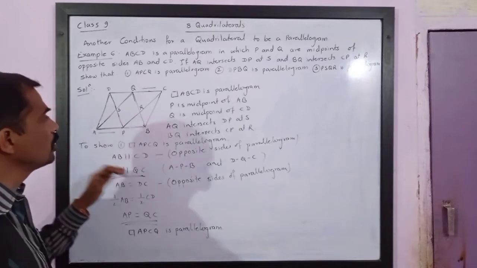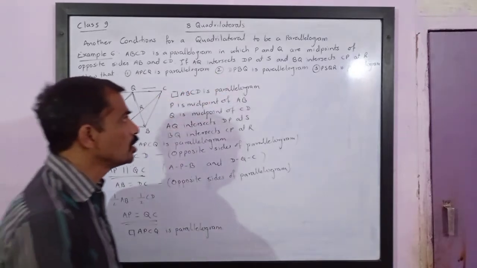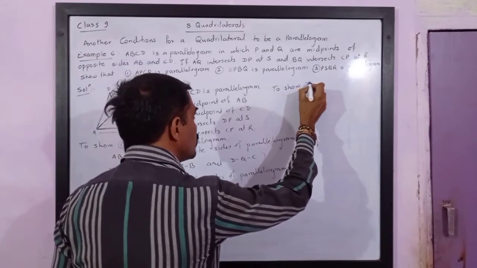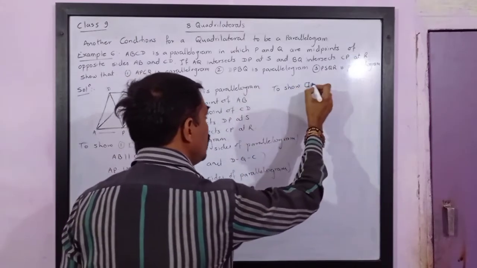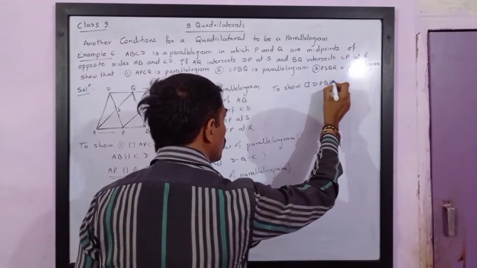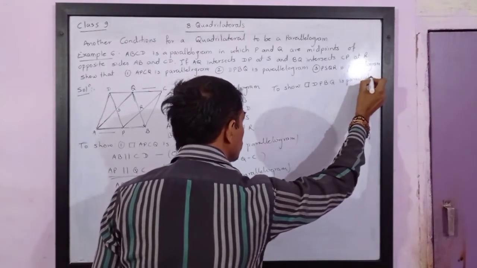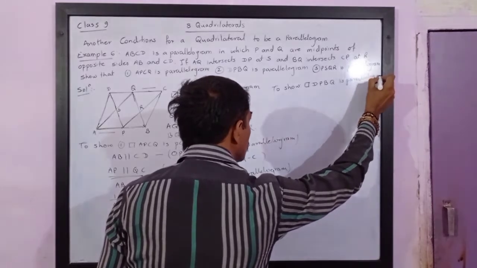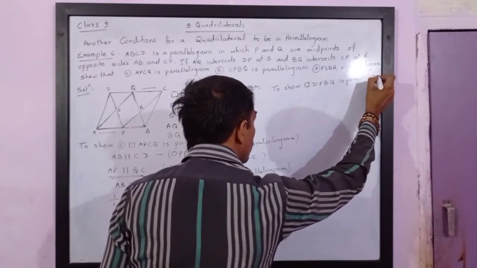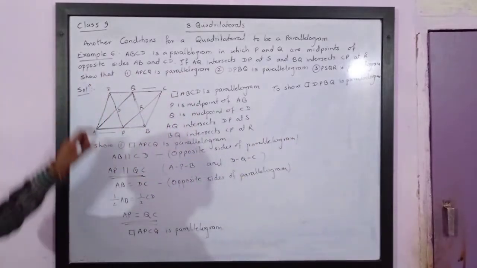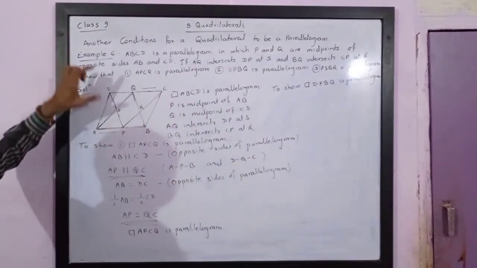Now next we have to prove, second, to show quadrilateral DPBQ is a parallelogram. Be careful about the spelling, DPBQ.